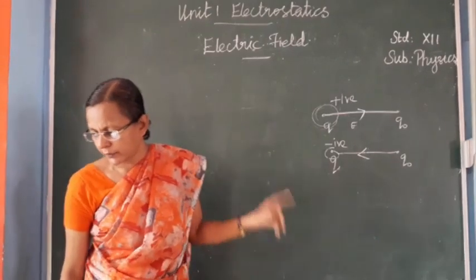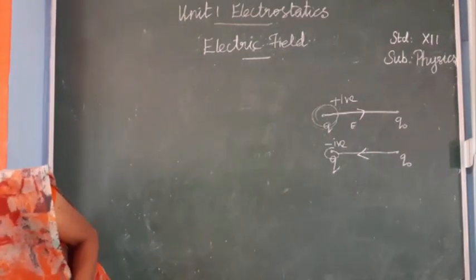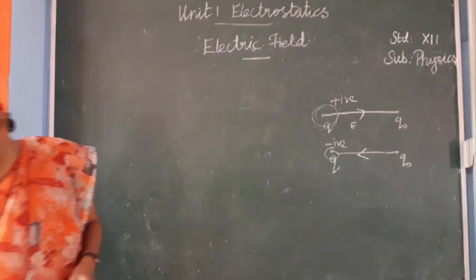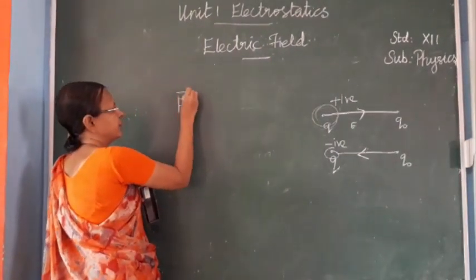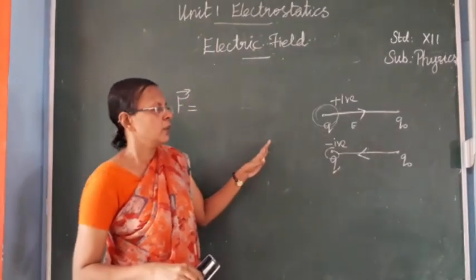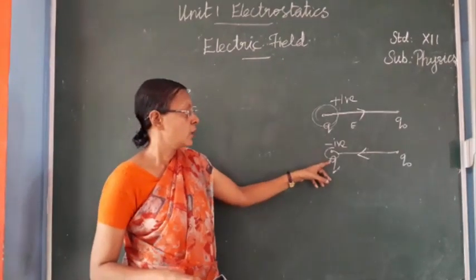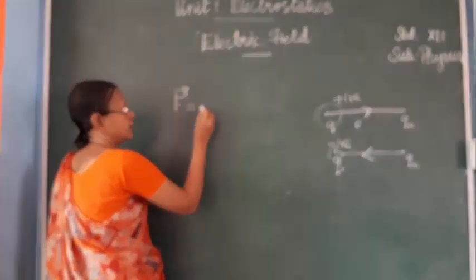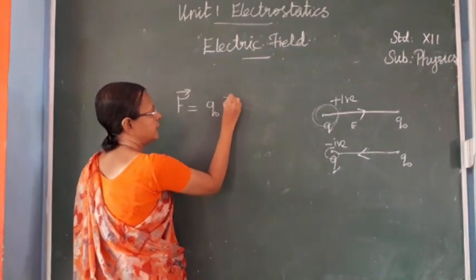So, the second one: we can find out the force. How much force is experienced by the charge due to Q0, the test charge? That is Q0 E vector.